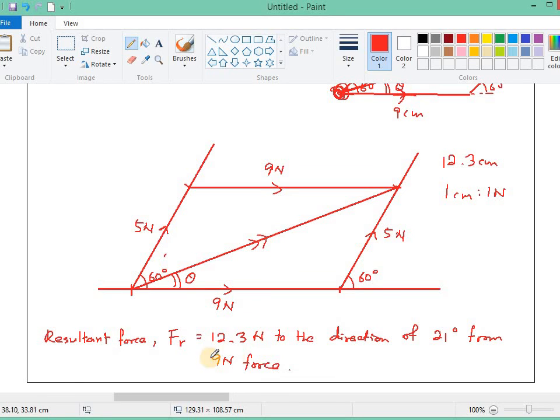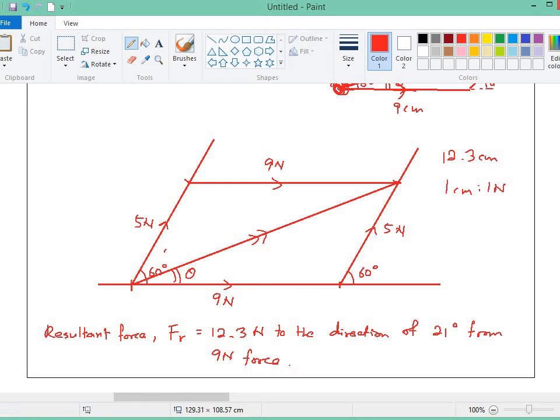That means if we know the resultant force, then we don't need 5 Newton and 9 Newton to get the same result. We can just use 12.3 Newton in this direction, then we can get the same result. Okay, get the idea.